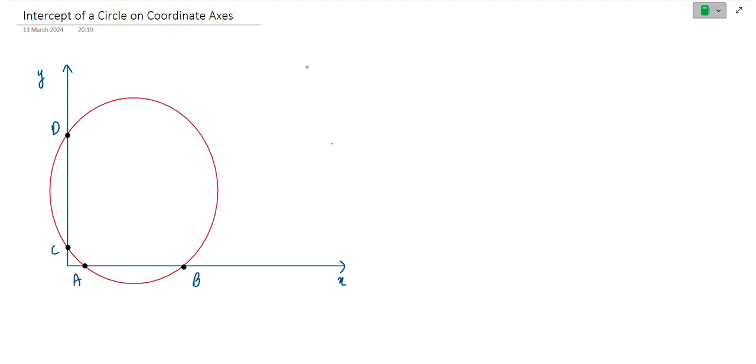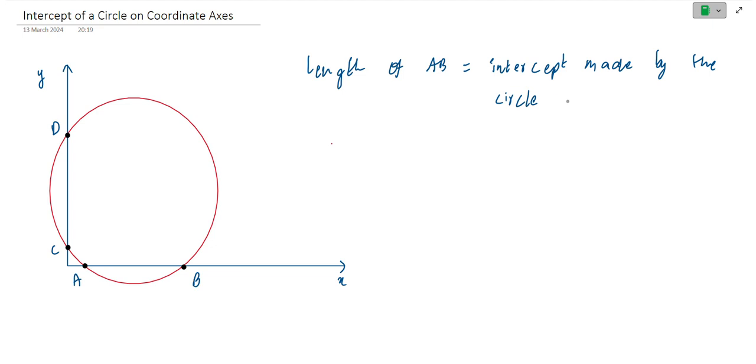Okay, so we can say that length of AB is nothing but intercept made by the circle on x-axis.